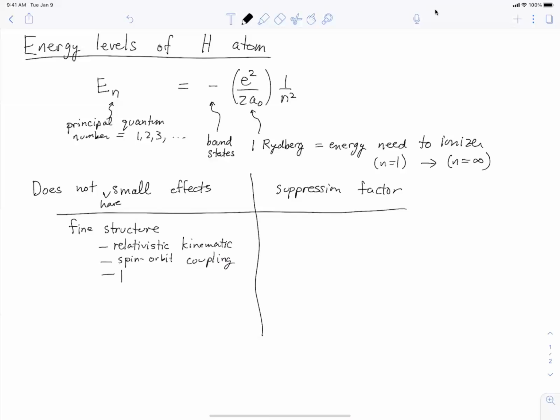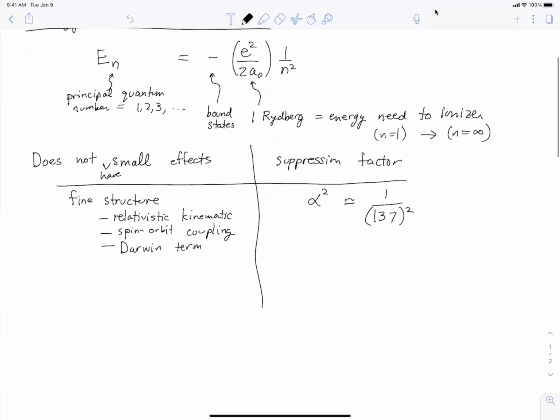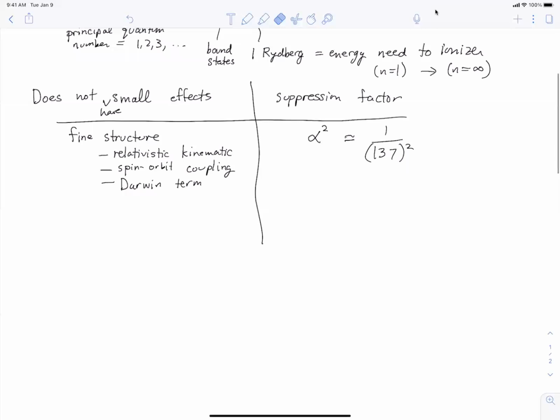And then there's something called the Darwin term, which is another relativistic effect. All of these have suppression factor alpha squared, which is roughly 1 over 137 squared, compared to a Rydberg. So these are very small effects in comparison.